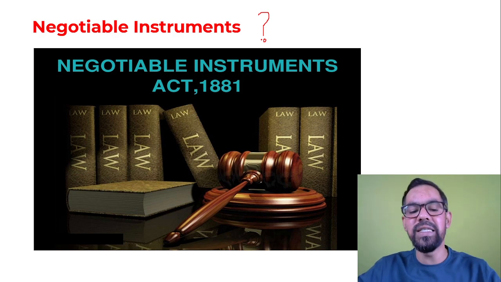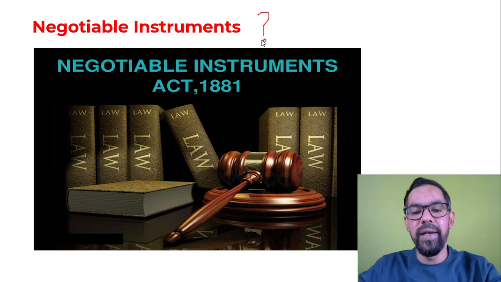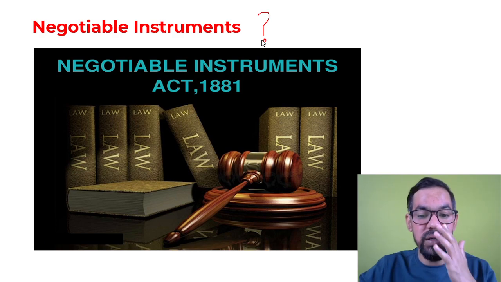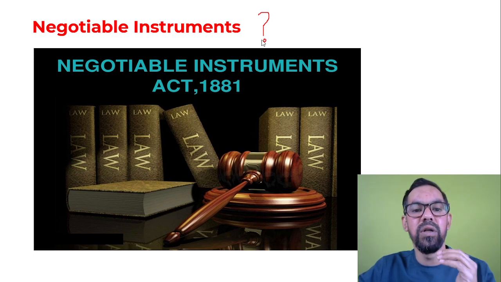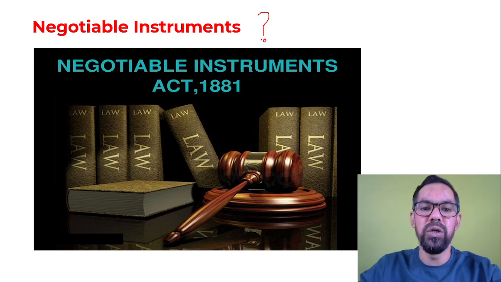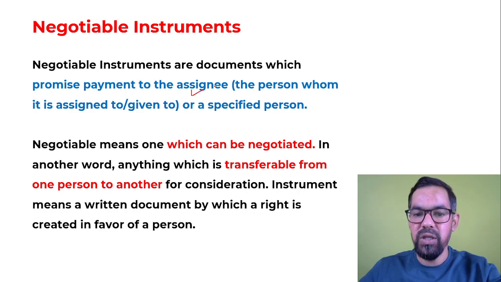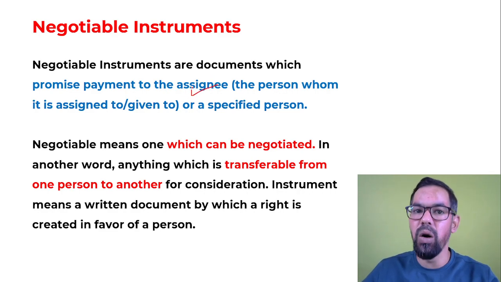So these are written documents which make a promise or give an order, and they are transferable in nature and law abiding. The Negotiable Instrument Act 1881 takes care of these documents. Negotiable instruments are documents which promise payment to the assignee, the person to whom it is given, or a specific person.